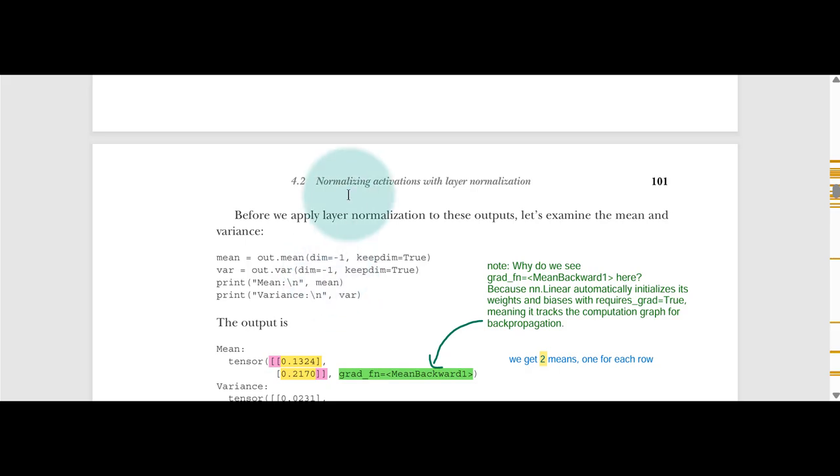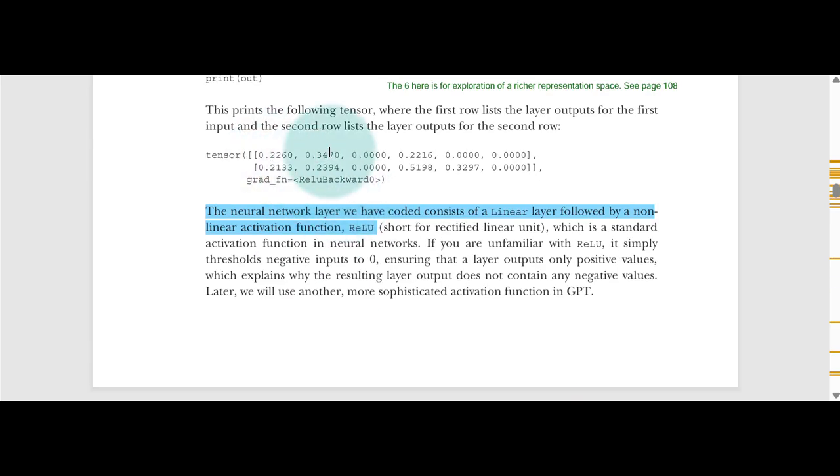And here we only have a two-dimensional object. This is like a matrix. And we have the row dimension and the column dimension. The last one is the column dimension. So we're talking about the column dimension. So he's figuring out the mean per row, actually, across the columns. Okay, that's what he's doing, across the columns.